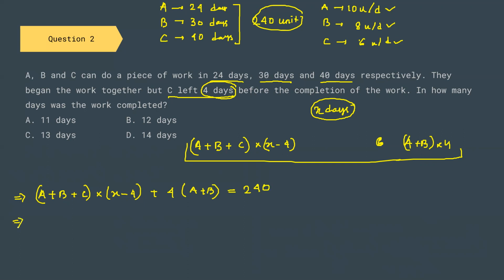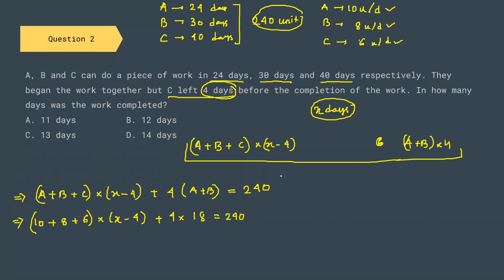We know the value of A and B. A is 10 units per day, B is 8 units per day, and C is 6 units per day. So in one day, A, B and C can contribute 24 units of work, and this went on for X minus 4 days, plus 4 into (A plus B). A plus B is 18, equal to 240.